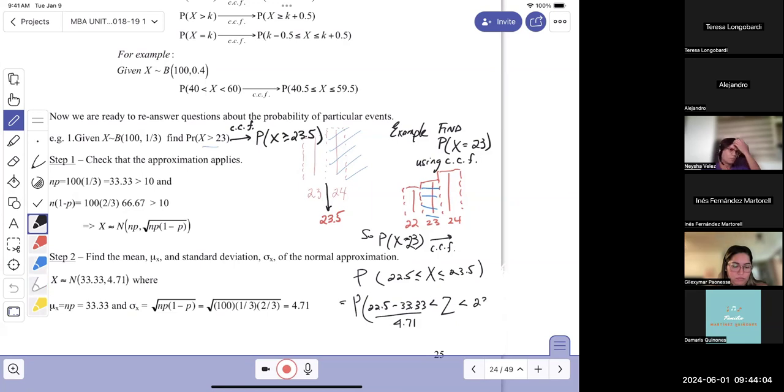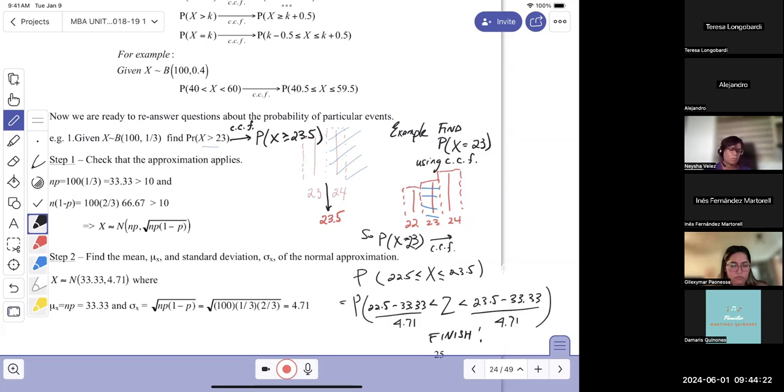And then 23.5 minus 33.33 divided by 4.71. And then you do the between. Okay, so finish that off yourselves. I don't have an answer there, but the point is it's not 0. It has some density.